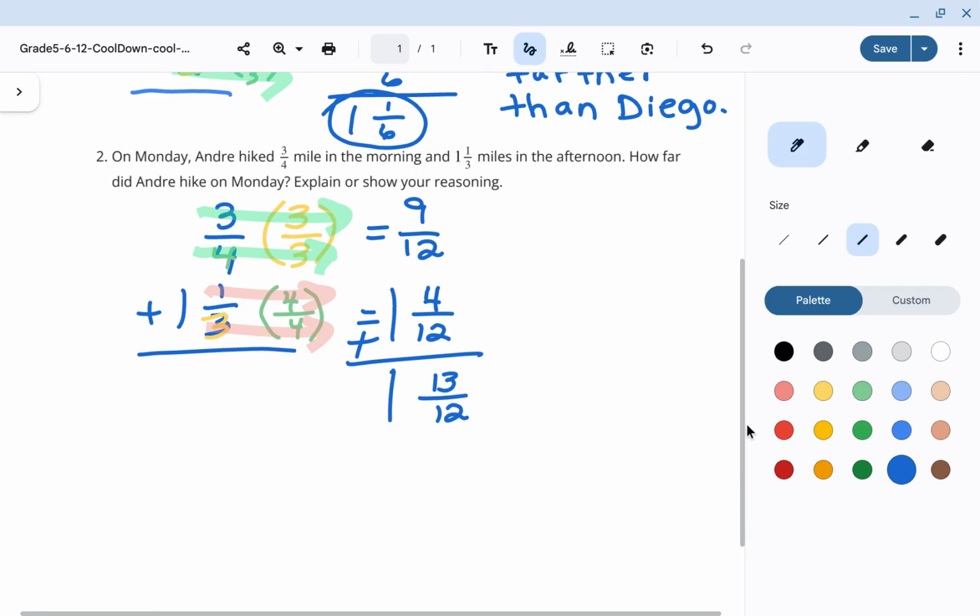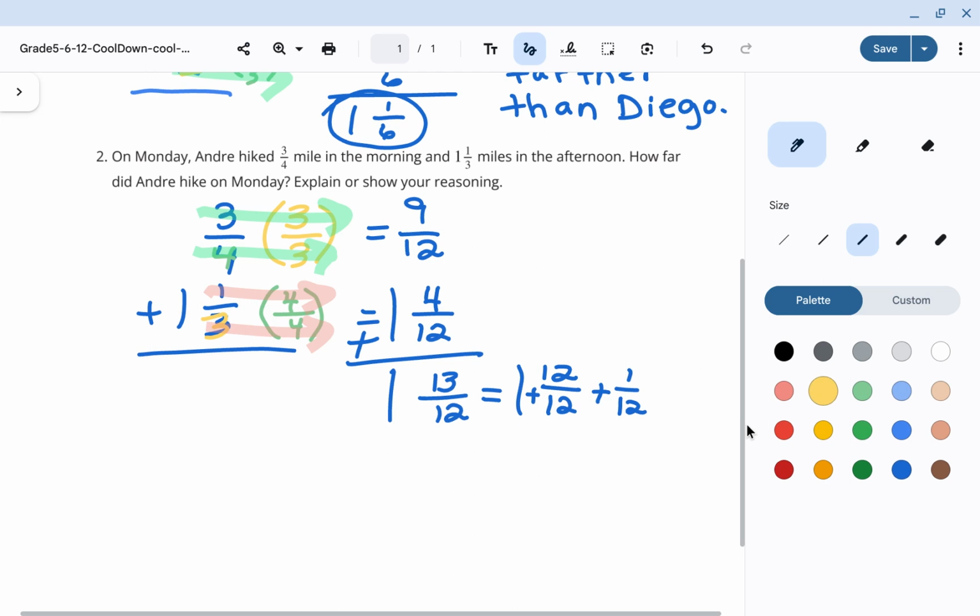Now, I am going to pause because technically this is right, but it's not in the best form. Usually a mixed number is a whole number part and a proper fraction part. Right now we have a whole number part and an improper fraction part. So I am going to remember that I have a whole. I'm going to take out 12 twelfths to make a 1, and that's going to leave me with 1 additional twelfth.